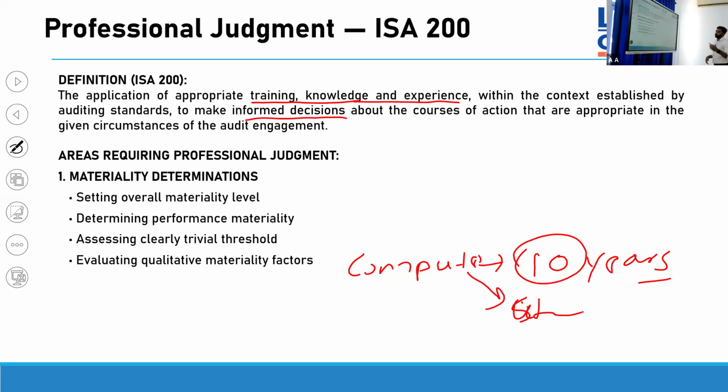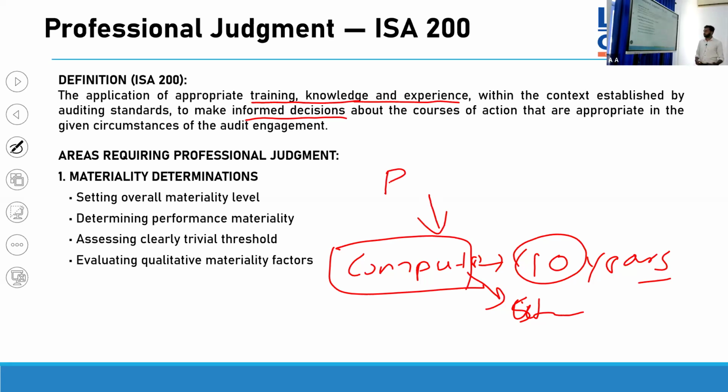But as an auditor, if we apply this professional judgment, how can we apply it? Because we have experience, right? We have audited some other similar clients also. So we can compare their policy with their industry.